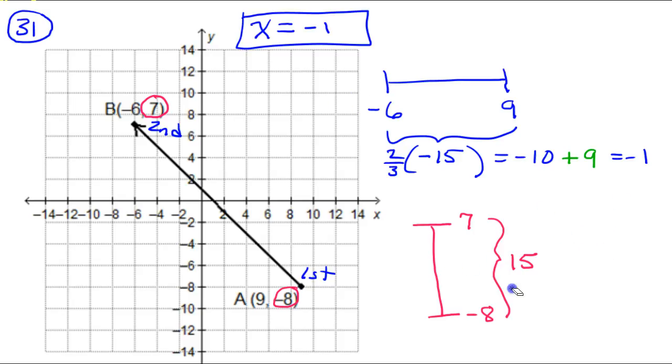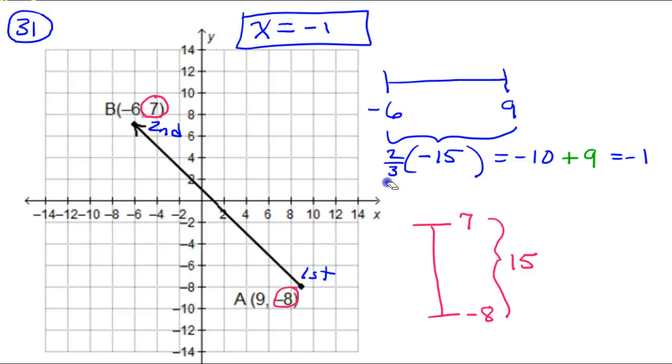So that distance is a positive 15, including it's a positive direction. By the way, the reason why the first one was negative is because x value wise it was going to the left. The reason why this one is positive is because looking at the y values, we're going up. Left is negative, up is positive.